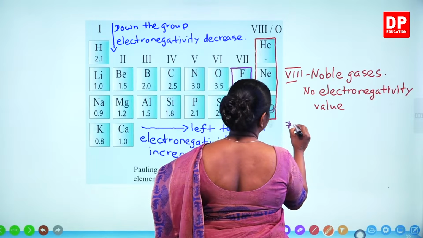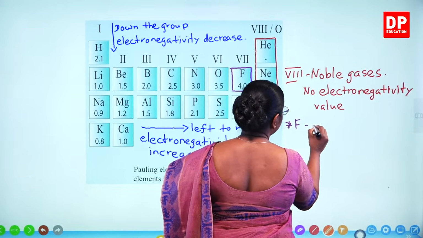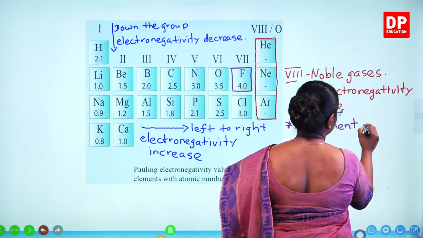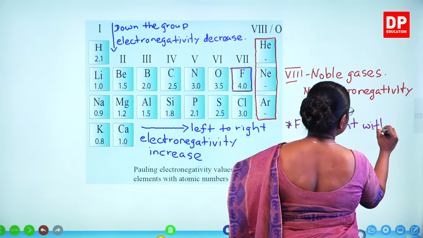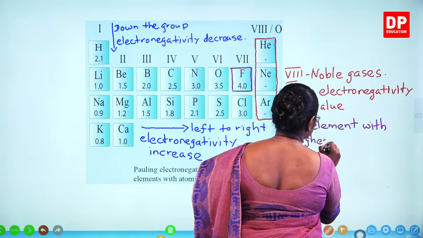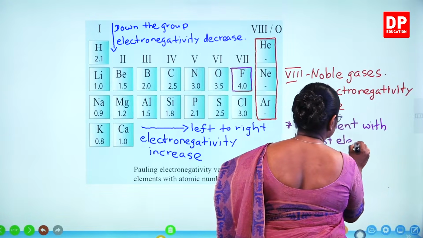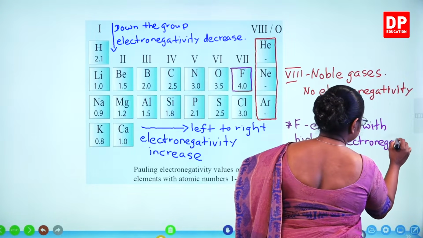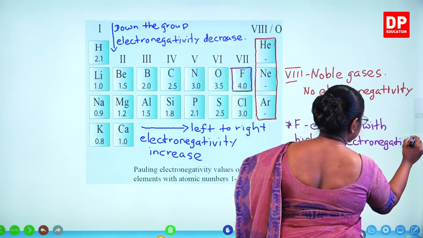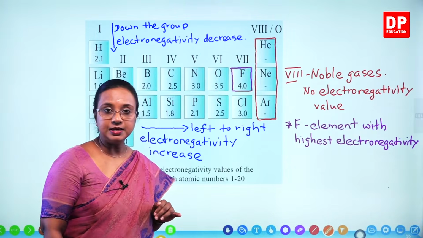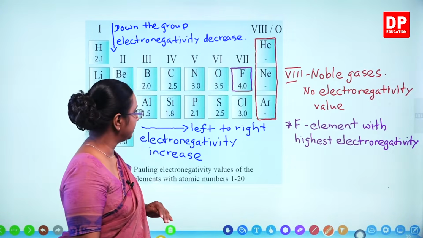You have to remember that. Out of all these 20 elements, fluorine has the highest electronegativity.